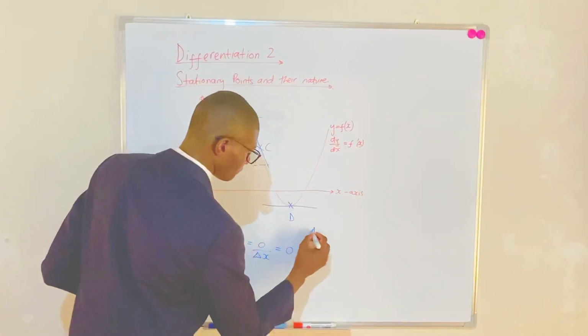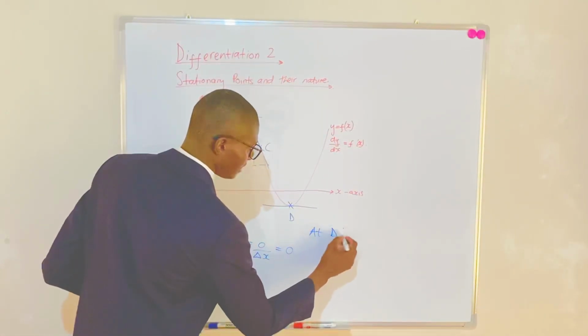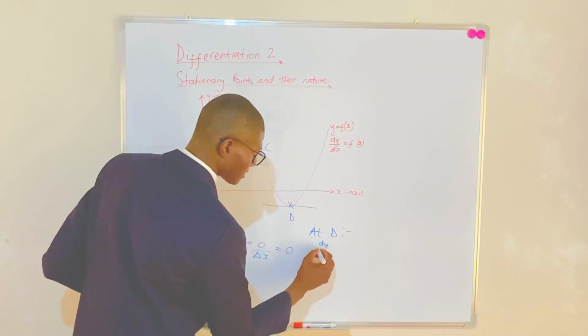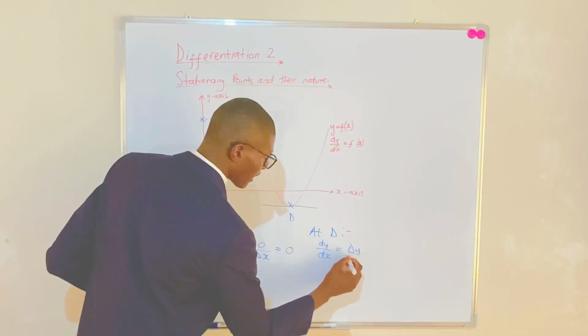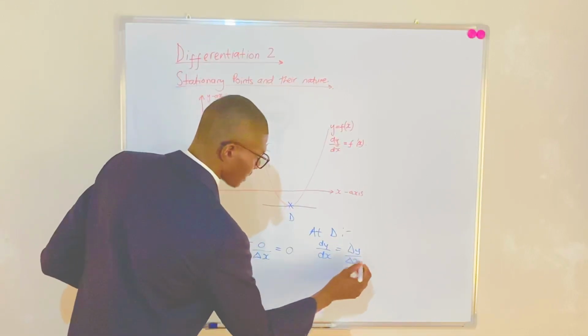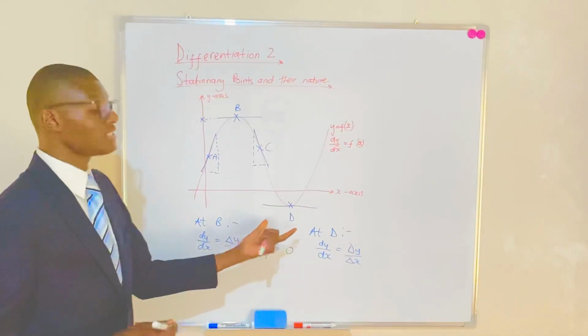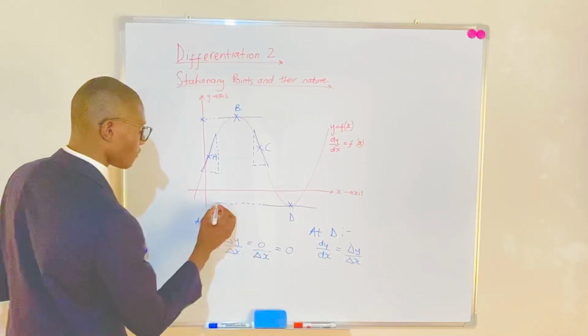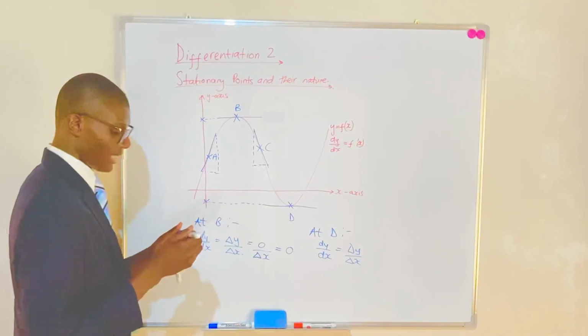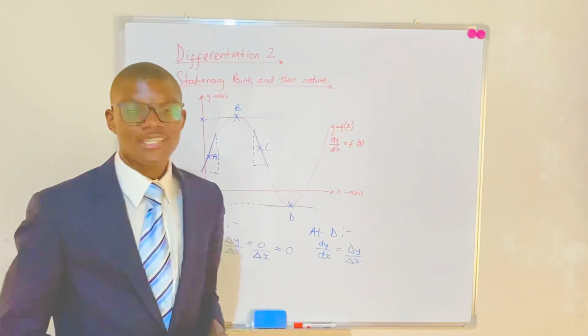Now we can do the same study for point D. At point D, dy by dx, being the gradient function, is given by the change in y over the change in x. At point D as well, from the tangent we see that there is no change in y.